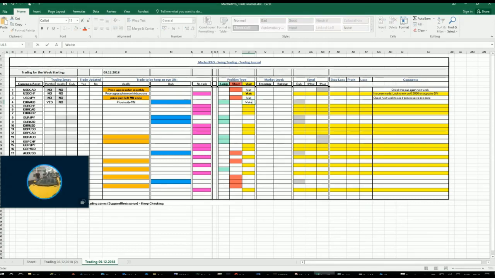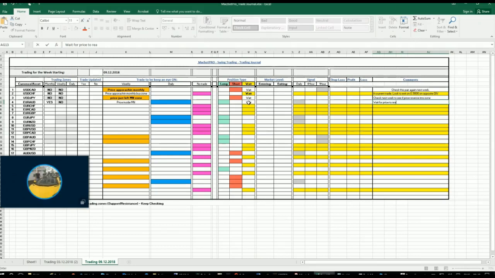And then in the comment section, wait for price to reach monthly or weekly area. Wait for price to find weekly area.